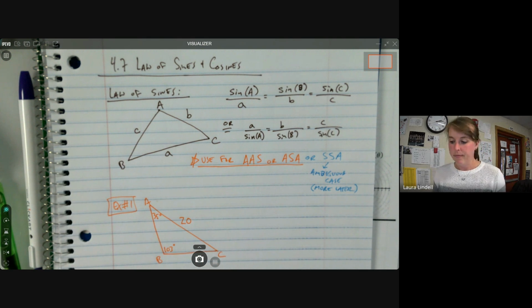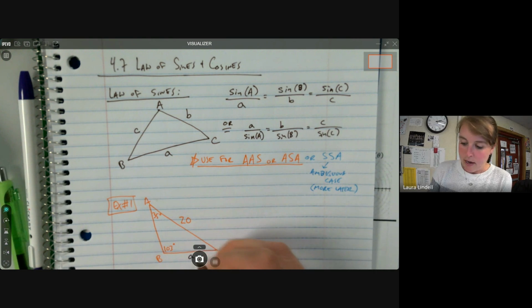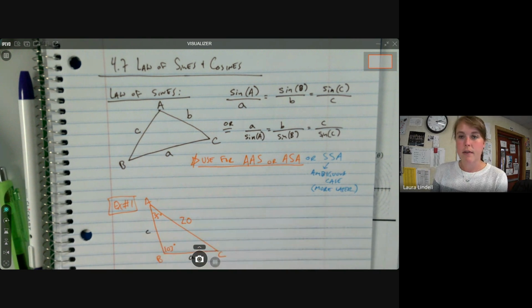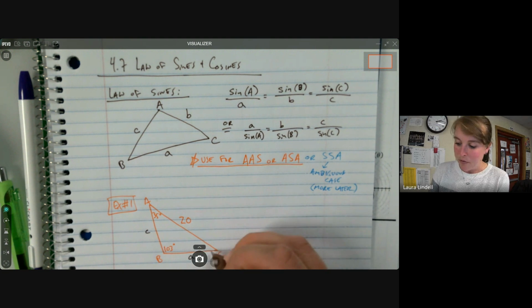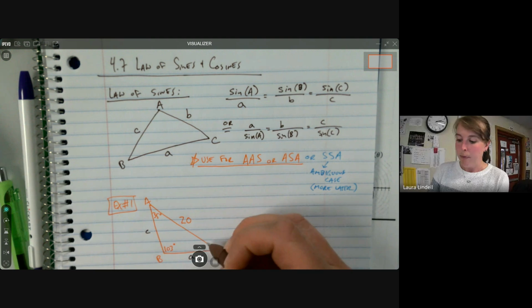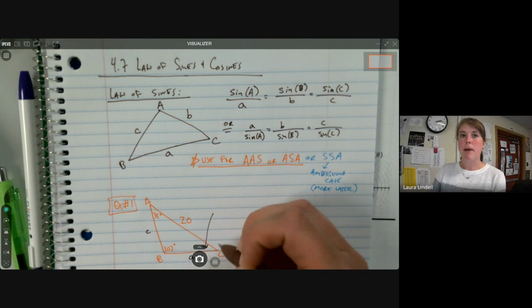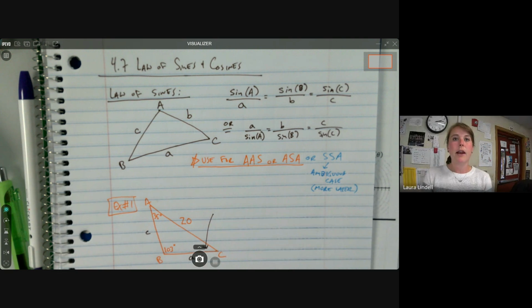All right. Well, what you would typically be asked to do is to find the missing sides and the missing angles in the triangle. So the first thing I would do is label what's missing. We know we are missing side a and side c. Great. We also are missing angle C, but this angle is going to be a little bit easier to find than anything else we're going to do here, because the angles in a triangle, if you remember back to geometry, add up to 180 degrees.